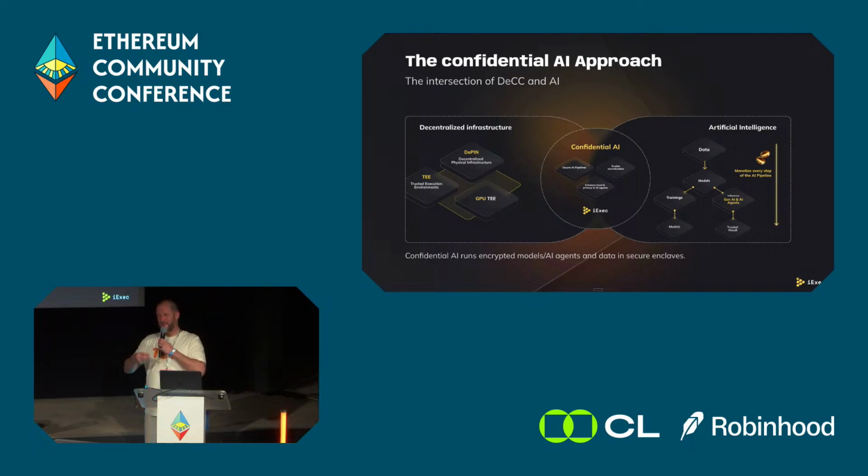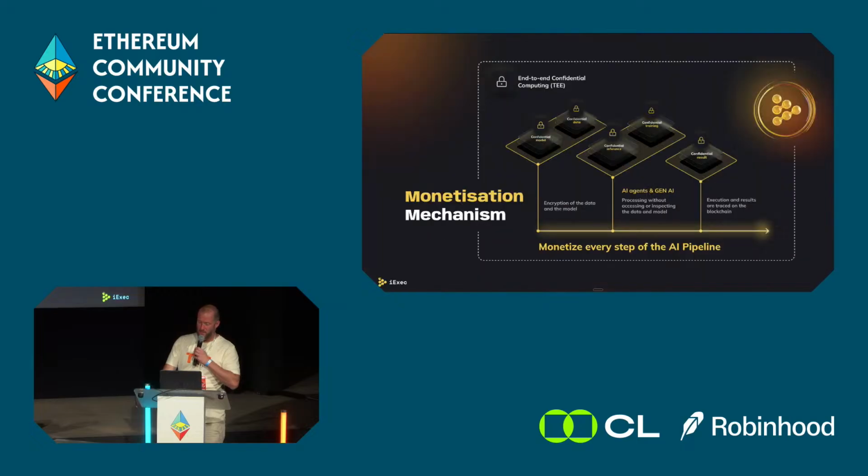And these frameworks and AI models are able to compute any kind of data in this private environment. And even better, you can monetize every step of the AI pipeline. You can monetize your private data to train a model, or you can monetize inference of your trained model. You can monetize everything, but in a private way.